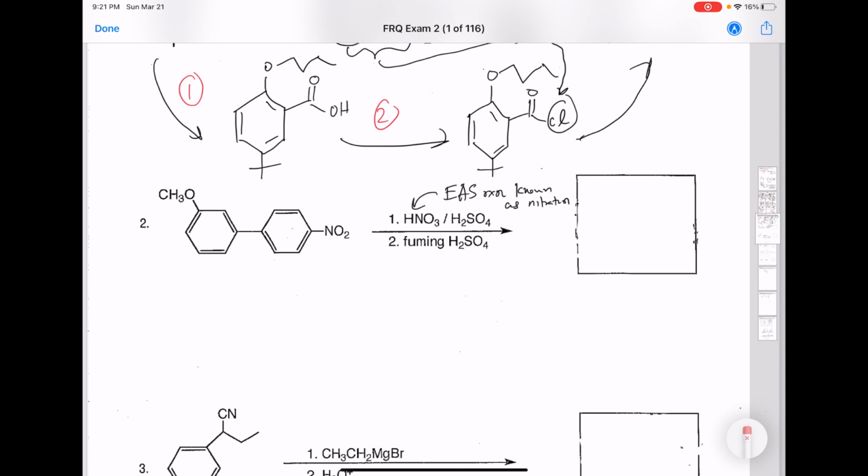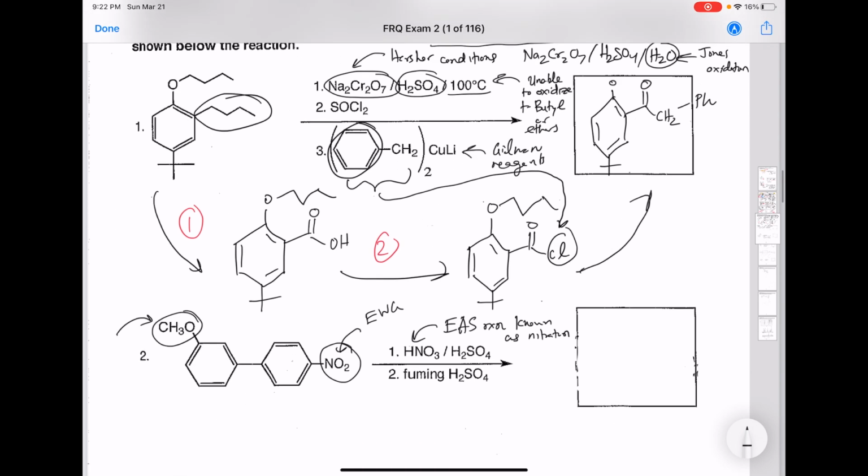So let's look at our groups here. We have a methoxy group here, and we have a nitro group here. A nitro group is a deactivating group. It's an electron withdrawing group. And a methoxy group is an electron donating group.